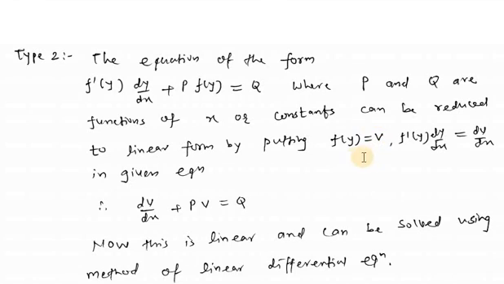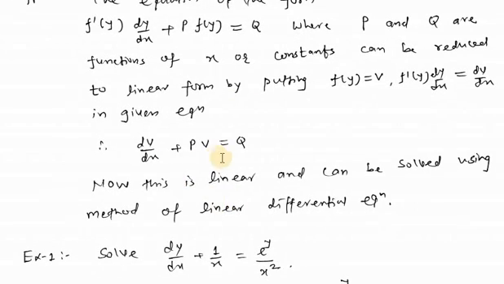If function of y equals v, then f dash y dy by dx will become dv by dx. So replacing f dash y dy by dx by dv by dx, plus p times v as it is, and q as it is, it will become linear, right? And this can be solved using the method of linear differential equation.